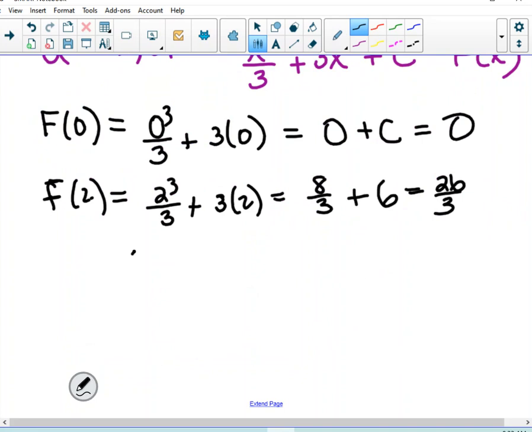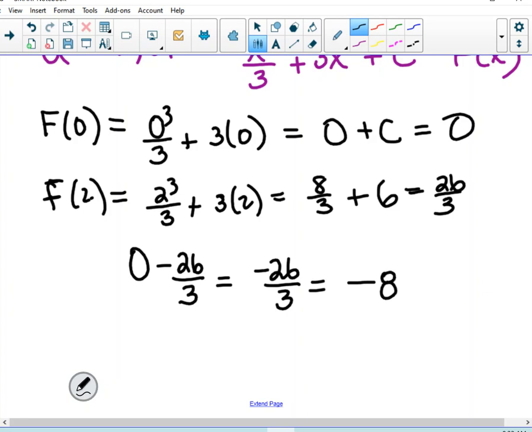So 0 minus 26 thirds, or negative 26 thirds, or negative 8 and 2/3, or negative 8.67.